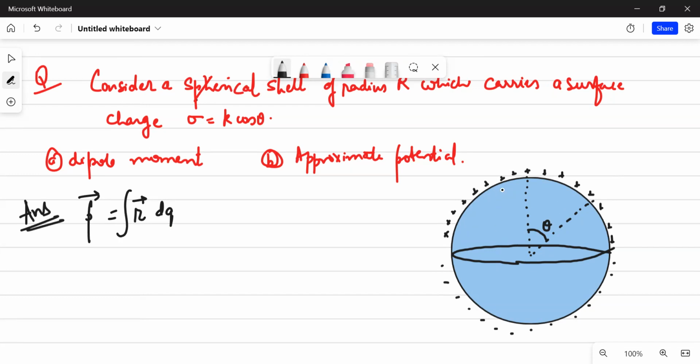And by symmetry you can see that the net dipole moment will be in the z direction. Is that clear? Because the dipole moment vector always points from negative to positive. So even if you consider, for example, one of the dipole moments, and take a diagonally opposite vector, which is like this, if you resolve this, the net dipole moment will be along the z direction.